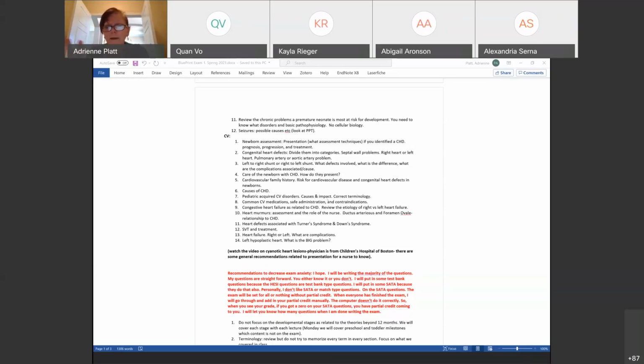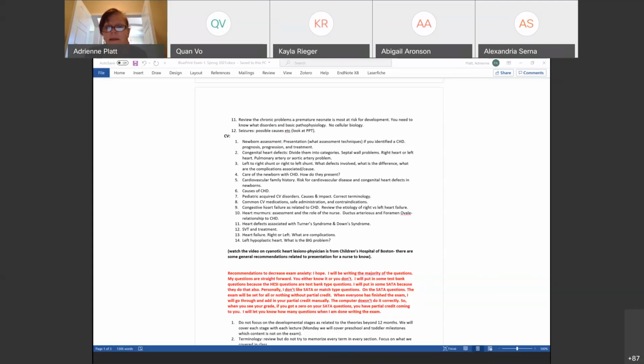Students get that all messed up all the time. So review the acquired disorders. Kawasaki was named after the doctor, and strawberry tongue is mentioned with it. That's one of those things that comes up. Review all those acquired cardiovascular disorders. They're seeing kids with COVID coming up with some of that.